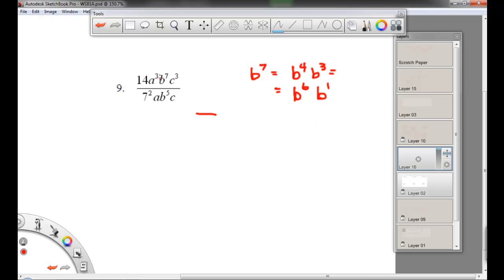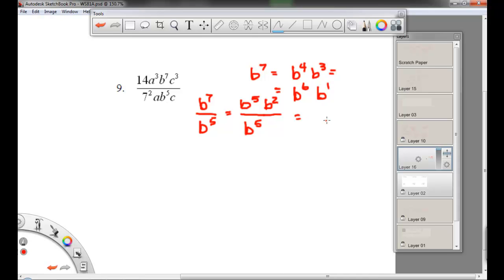But when we take a look at what we have here, b to the 7th and b to the 5th, what would really make it nice, let me rewrite this here, is to have b to the 7th written in the form where I have a 5 instead of a 4 over 3 or a 6 or a 1. I want to have a 5. So I could write b to the 5th times b squared over b to the 5th.